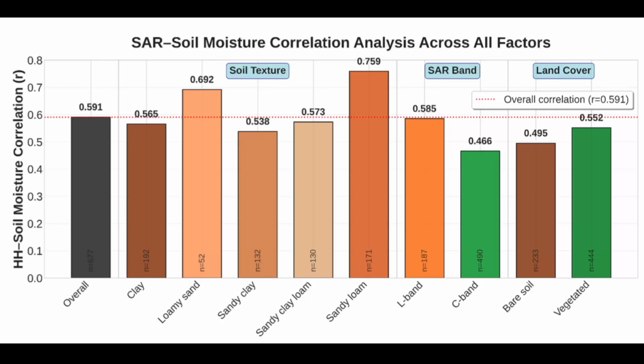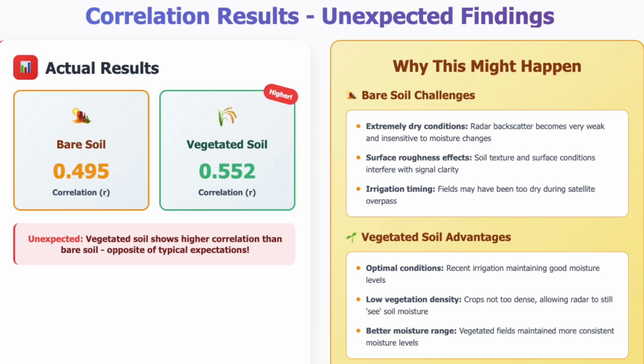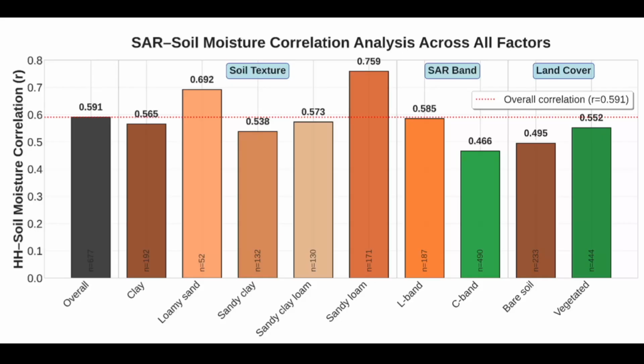But actually the bare soil is around 0.495, and surprisingly the vegetated soil is a bit higher at 0.552. That's actually the opposite of what we would expect in remote sensing, because the bare soil should give the strong result, but here the vegetated sample is actually slightly better, not too much but slightly better. And neither of these is anywhere near the sandy loam.